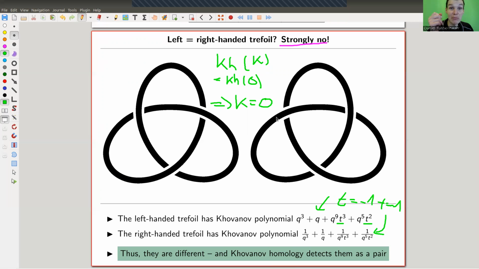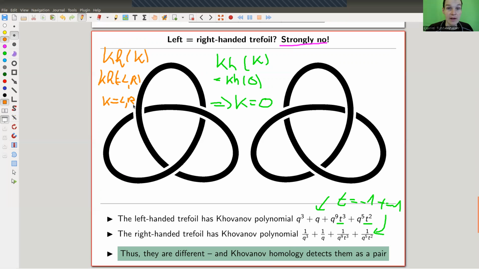And you can do something similar for the trefoils. Sadly, as far as I know, it's not known whether you can detect them as mirror images, but you can detect them as a pair. So whenever Khovanov homology of some knot tends to spit out the Khovanov homology of either of them, left or right, you know that your knot is either left or right, which is a really, really strong statement, right?